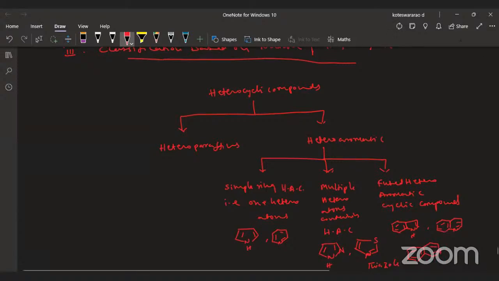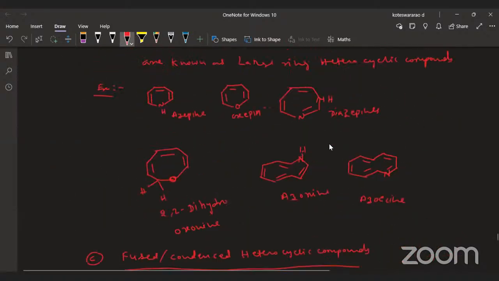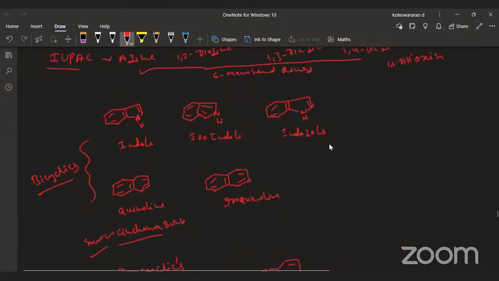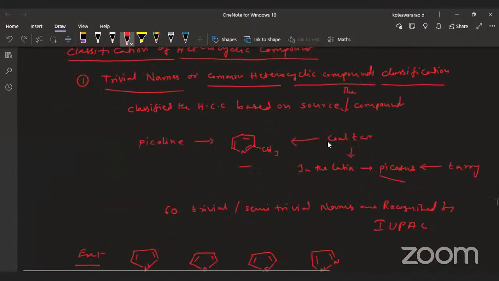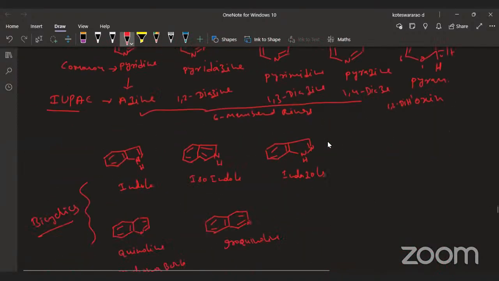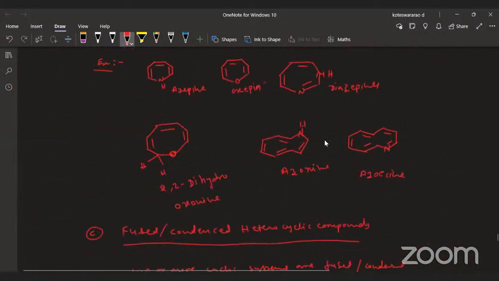These all come under fused heteroaromatic cyclic compounds. These three classifications, whenever we consider them individually, will not satisfy the entire classification. Whenever we combine all these classifications together, then we can easily understand the classification of heterocyclic compounds. Next, coming to nomenclature. This is about the classification. Three types of classifications are there. Based on the classification, we can understand the different kinds of heterocyclic compounds.